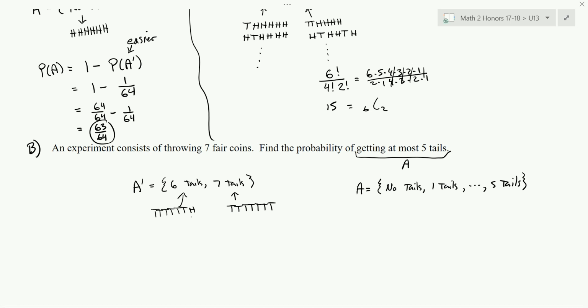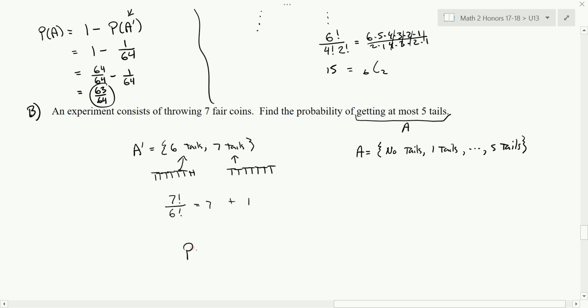And you could list them out. So you can move the H in 7 different places, right? You can reason through that. Or you can think of it as a word. You got 7 factorial, but I got 6 repeats of a T, and so that comes out to 7. There's different ways to come up with that. But you can count 7 ways for 6 tails and 1 way for 7 tails. So you add those together and you get a total of 8.